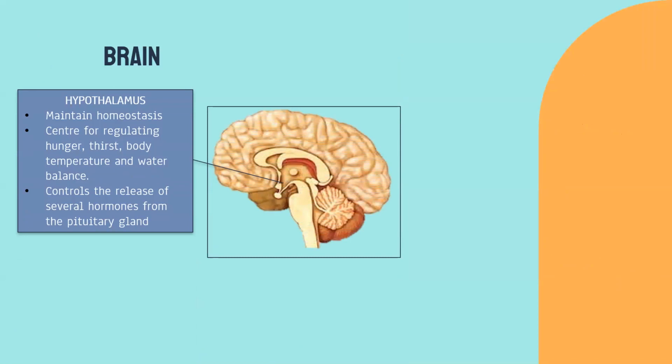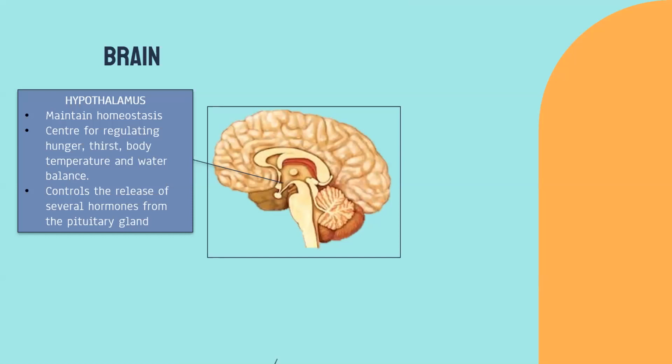And what is the function of the hypothalamus? The hypothalamus is responsible for maintaining homeostasis and is also the center for regulating the feeling of hunger, thirst, your body temperature, and also water balance in your body. Other than that, the hypothalamus also releases several hormones from the pituitary gland.